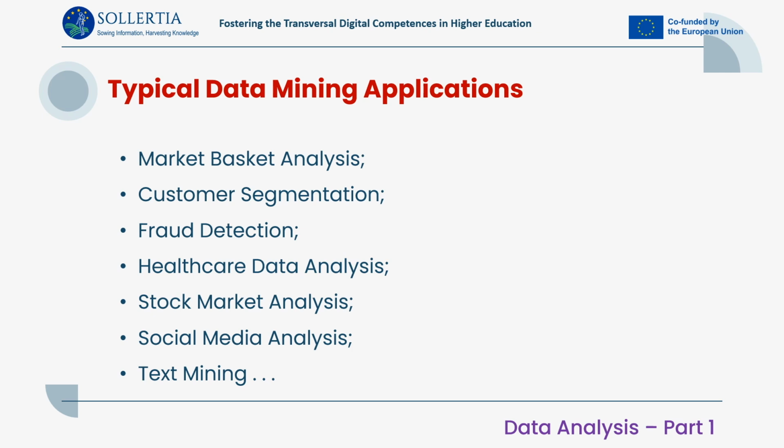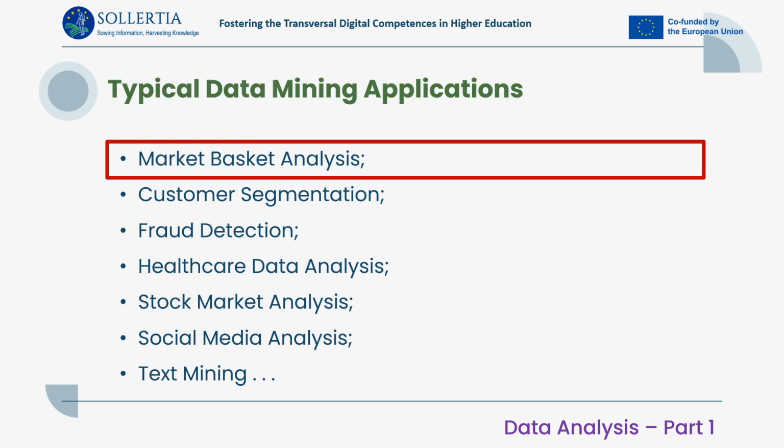Data mining, with its ability to discover hidden patterns and insights from large datasets, finds applications across a wide array of fields. So, what are typical applications of data mining nowadays? Let's quickly scan through some of them. Used in retail, this application helps in understanding the purchasing patterns of customers by identifying associations between different items that customers buy together.